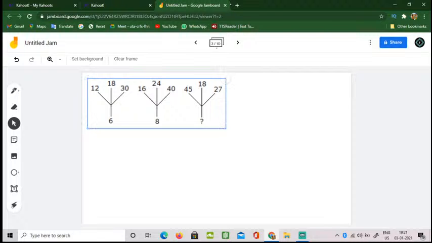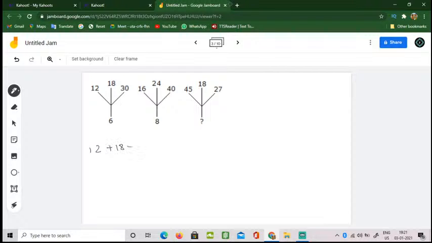Here in the third question, if you see, we have to add these three numbers, that is 12 plus 18 plus 30, and if you divide these all by 10 you will get the answer as 6. Okay, and the next is 16 plus 24 plus 40 by 10.